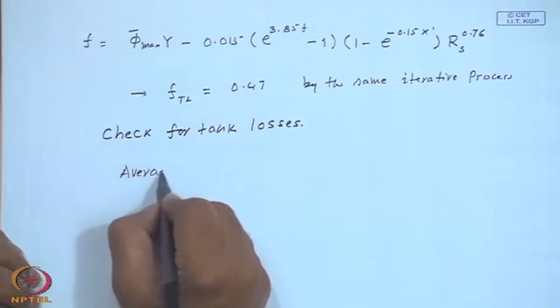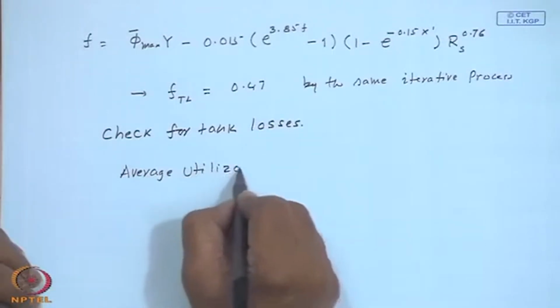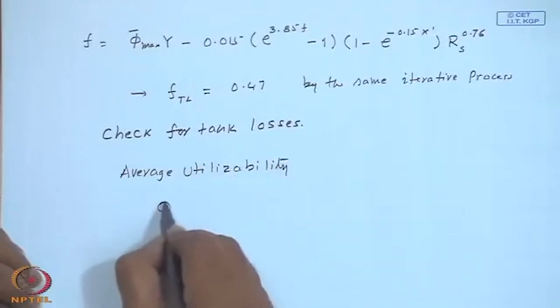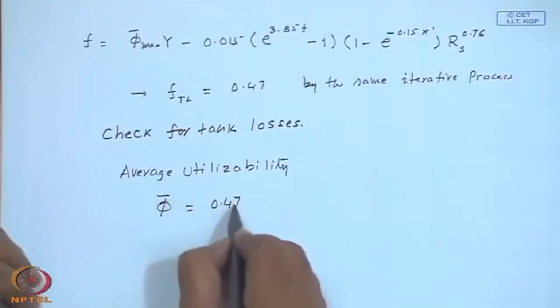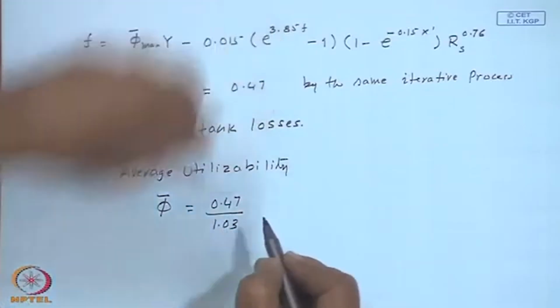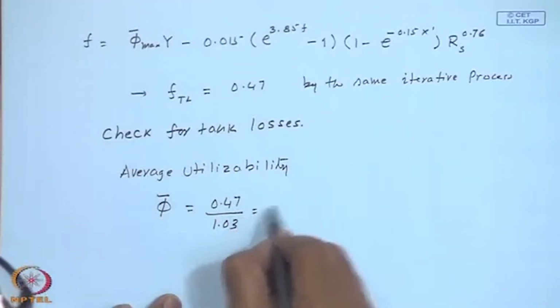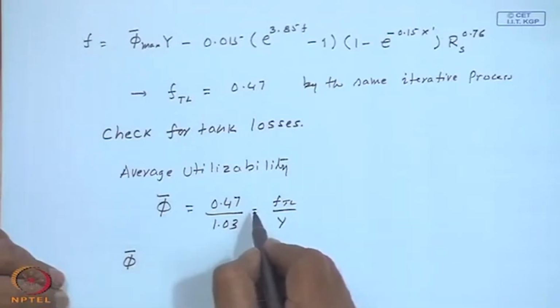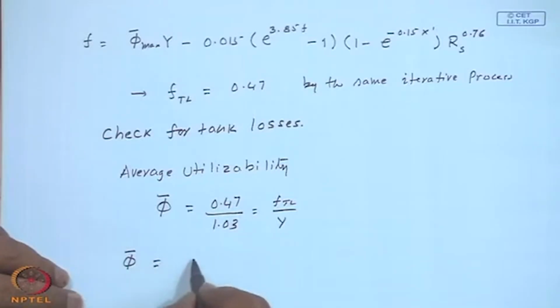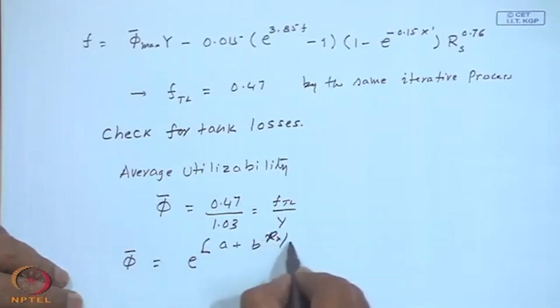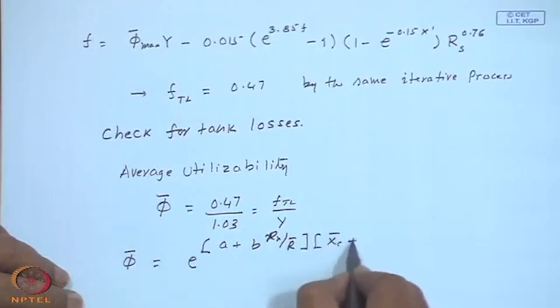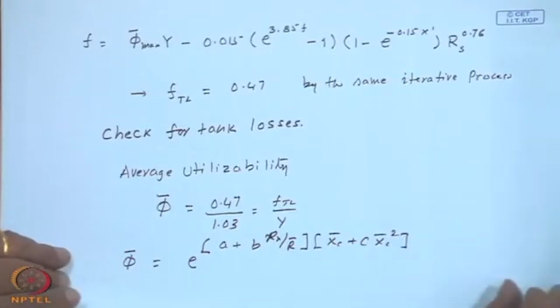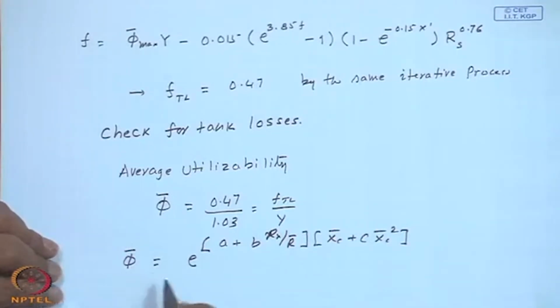So, this in effect is operating at an average utilizability of phi bar equal to 0.47 by 1.03, that is FTL by y, and whatever the number is, that should be equal to e to the power a plus b R n by R bar times x c bar plus c x c bar squared. So, with a, this is almost 0.45 or so.